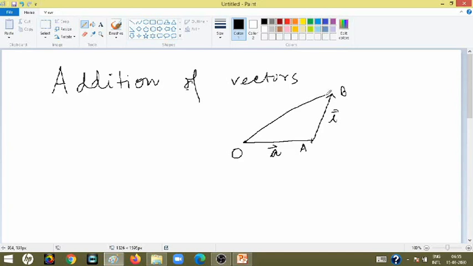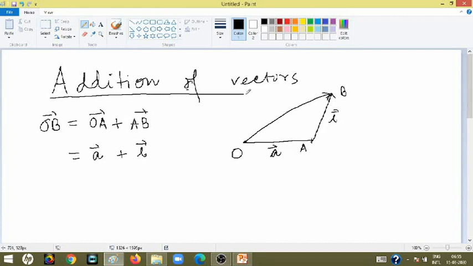Now OB equals OA plus AB, equals A plus B. This is the arithmetic operation, addition of two vectors, and this vector is called the resultant and it is indicated by R.